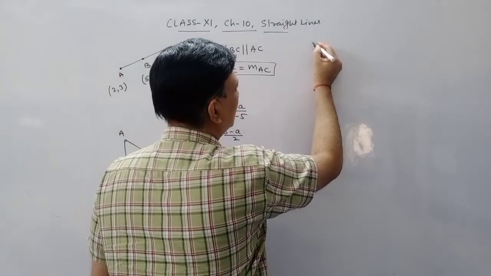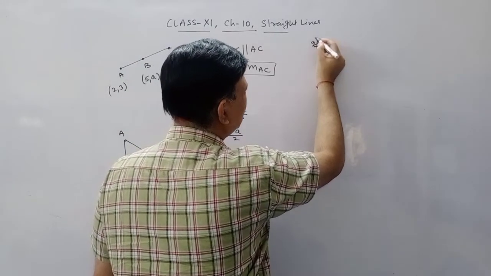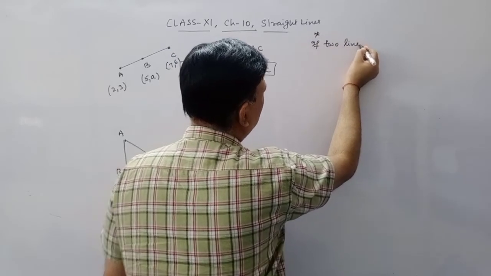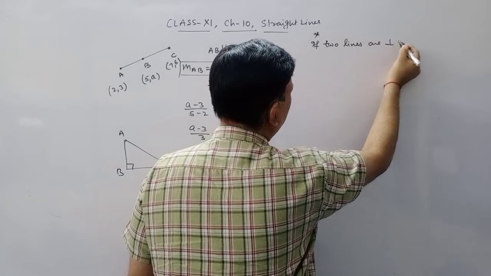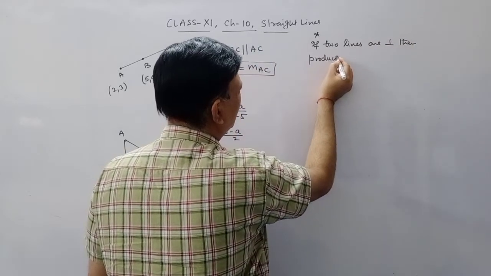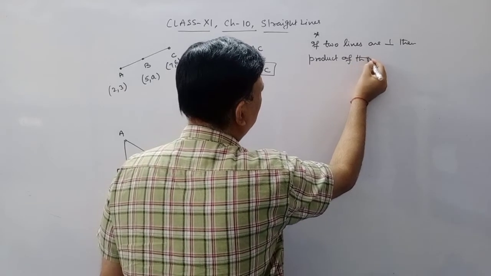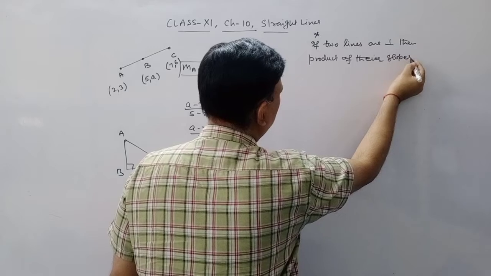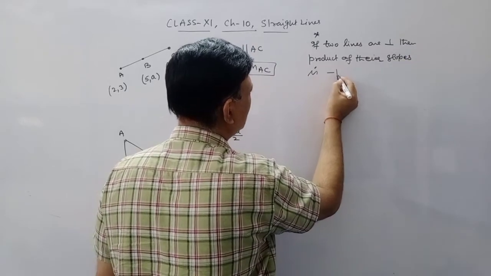देखिए, this is also a very important point, if two lines are perpendicular, then product of their slopes is -1.